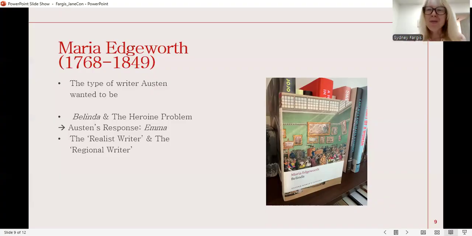Perhaps some of you are familiar with the fact that Austen's niece, Anna Austen, was also a writer, not someone who's part of the canon, not someone who made it nearly as successfully as Burney or Edgeworth or Radcliffe. But she was a female writer and was inspired by her Aunt Jane and probably also inspired by some of the writers that we're discussing in this talk.